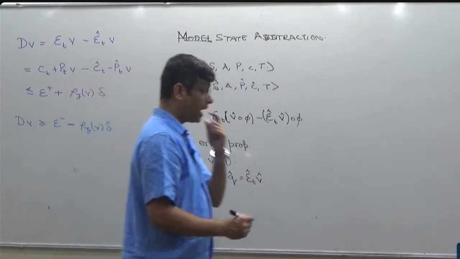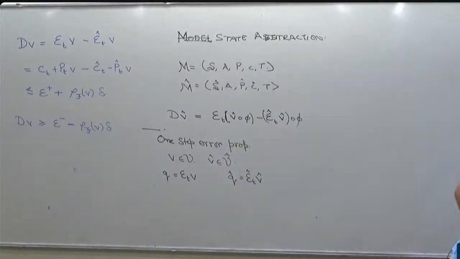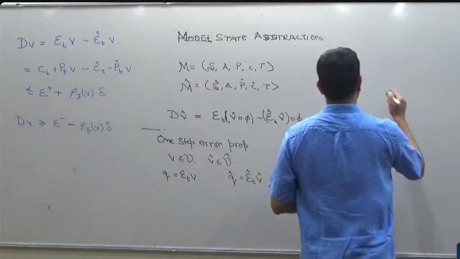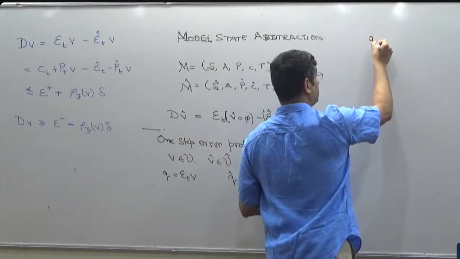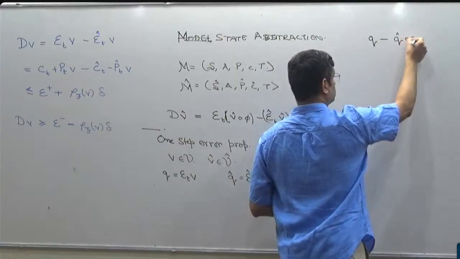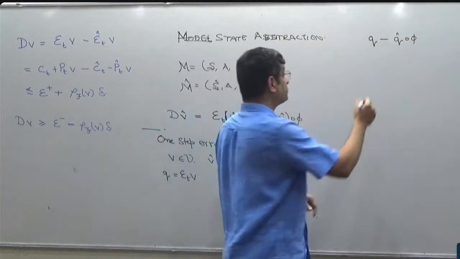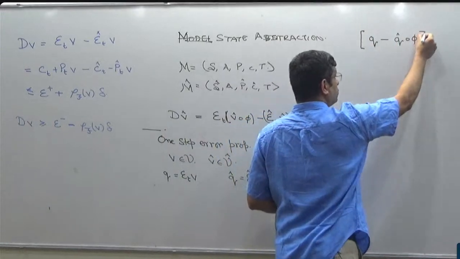And I want to look at the error between Q minus Q hat composed with phi. Okay. In the last lecture, I started talking about the norm of this object.